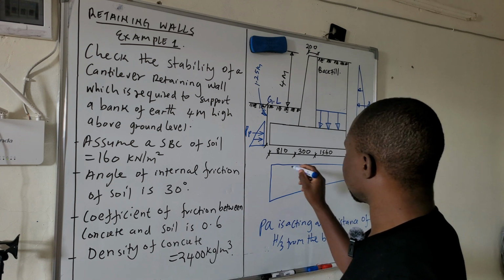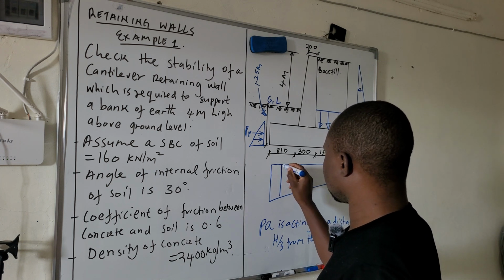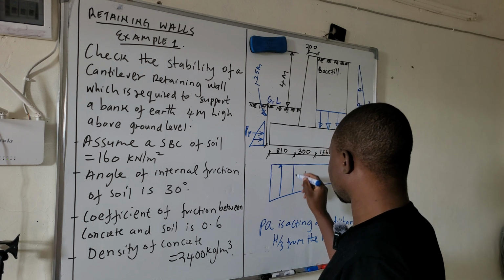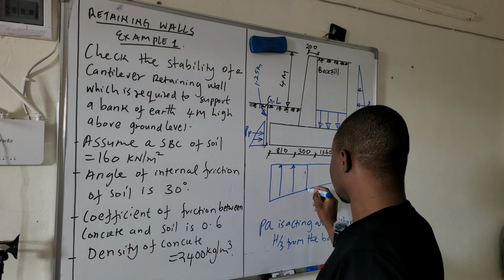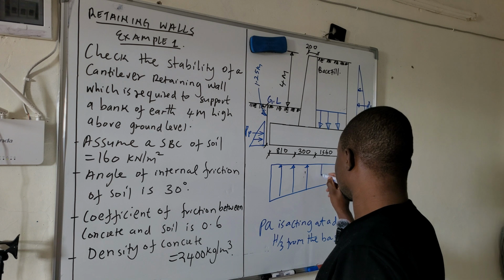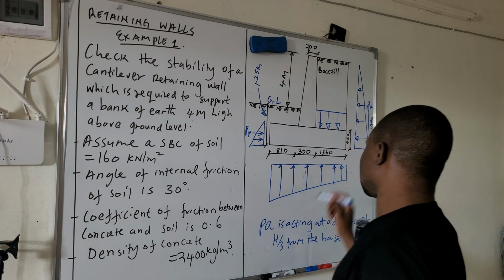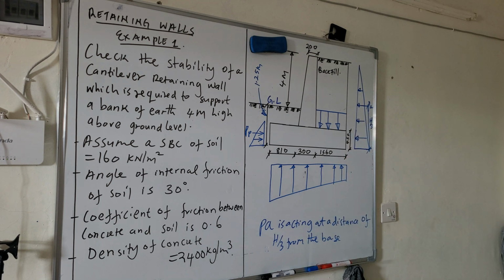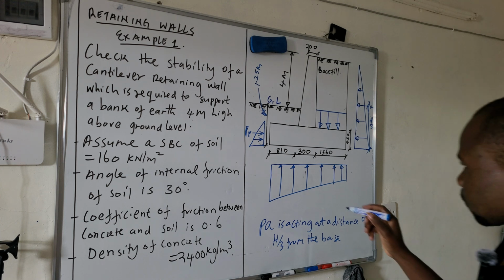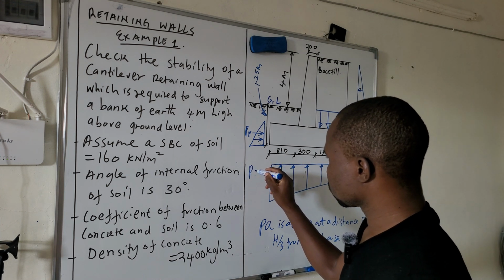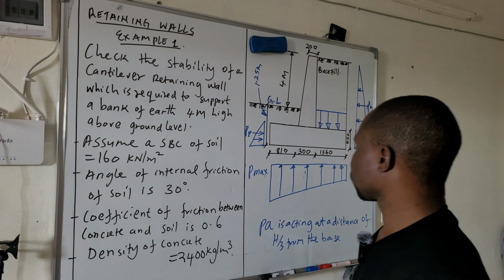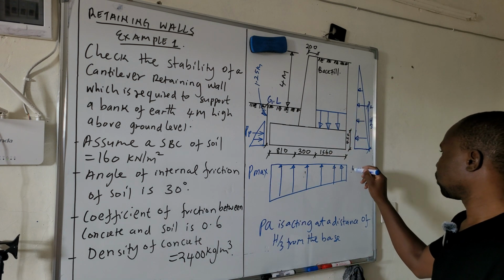So this pressure from the ground is acting upward. So this is the P maximum, and this is the P minimum.